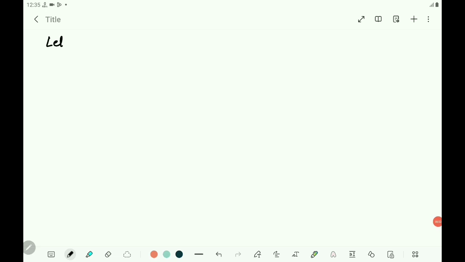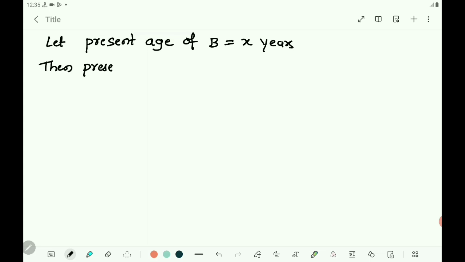Let present age of B equals x years. Then present age of A equals x plus 26 years, because A's age is 26 years more than B's age.